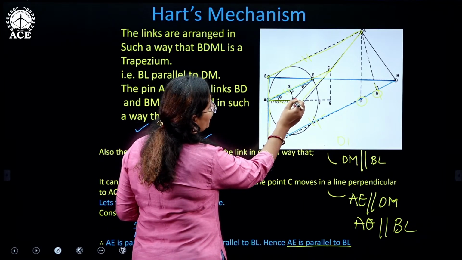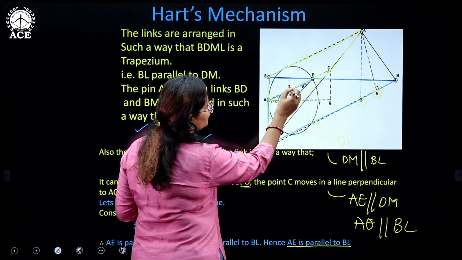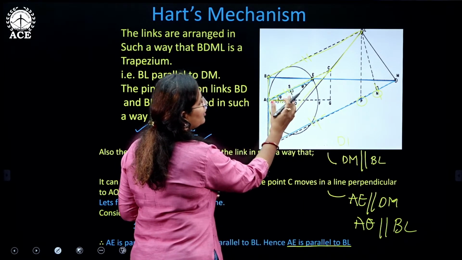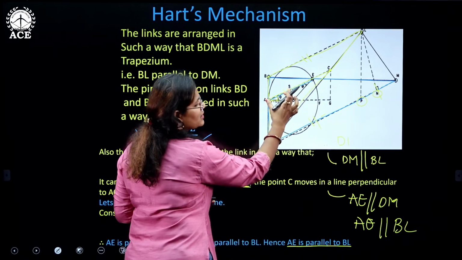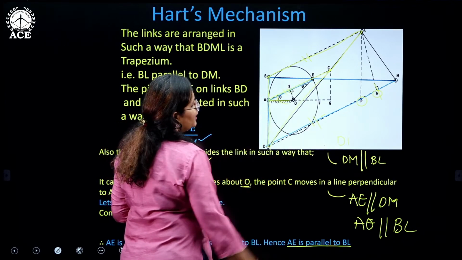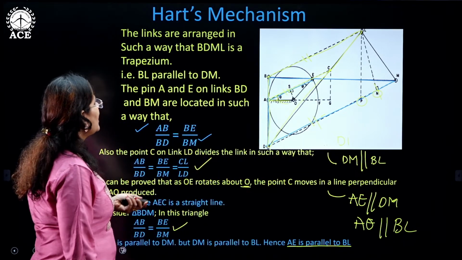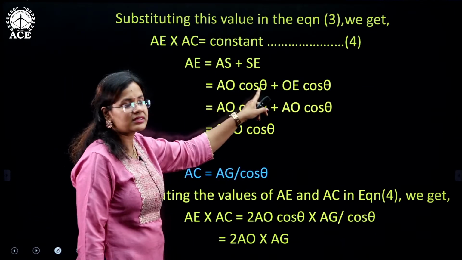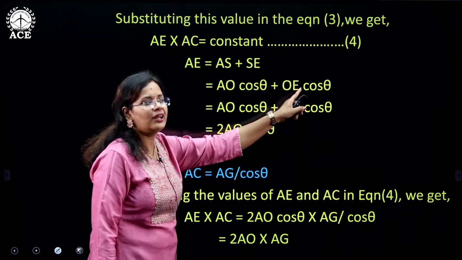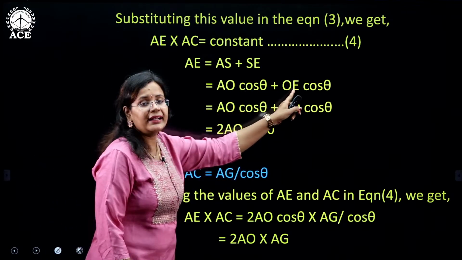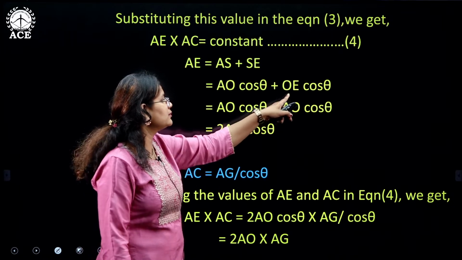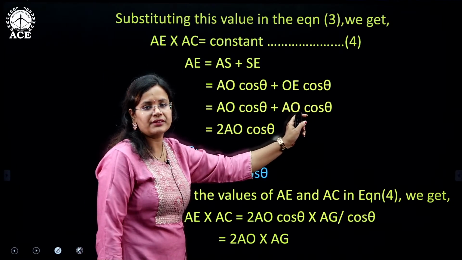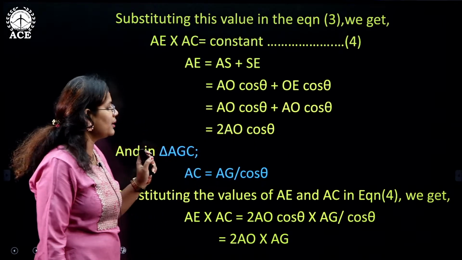From the center point, you have to drop down a perpendicular over here, which is making theta angle here and theta angle here. So I can write AE is nothing but the summation of AS plus SE, and individually they are having some trigonometric ratios. AS can be written as AO cos theta and SE can be written as OE cos theta. OE and AO are having same length, so I can convert OE into AO. So here it is AO cos theta plus AO cos theta, which is giving you 2AO cos theta.